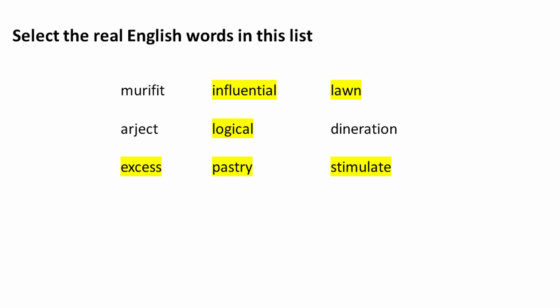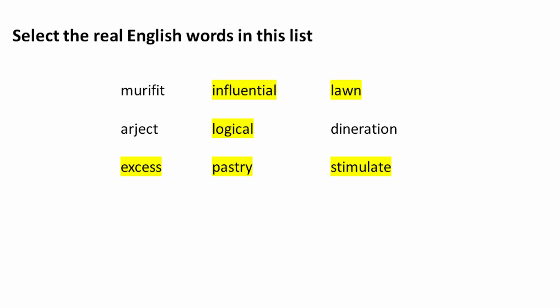When I think of English words, I'm not breaking them down by prefixes and suffixes. But as an English learner or a second language speaker, it can help you to familiarize yourself with these. If I look at another one, for example, arject. The prefix ar means into something, but the suffix ject means to throw something.